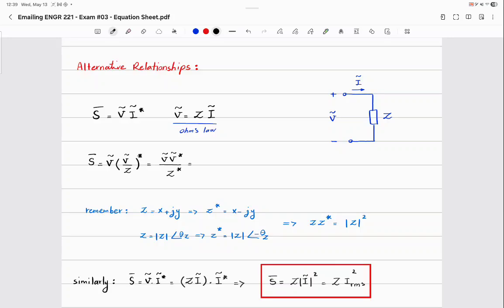And it's equal to. What is V tilde times V tilde conjugate? It's just V squared, the magnitude squared, okay? So the magnitude squared.